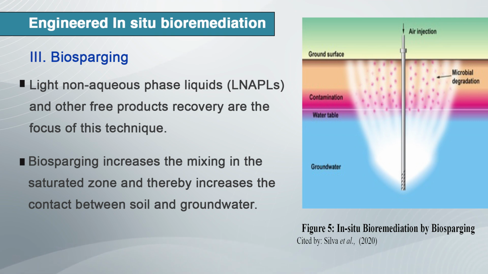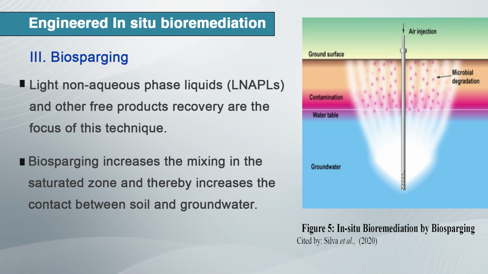Now, biosparging involves the injection of air under pressure below the water table to increase groundwater oxygen concentration and enhance the rate of biological degradation of contaminants by naturally occurring bacteria. Biosparging increases the mixing in the saturated zone and thereby increases the contact between soil and groundwater.